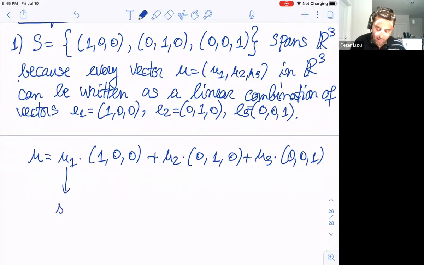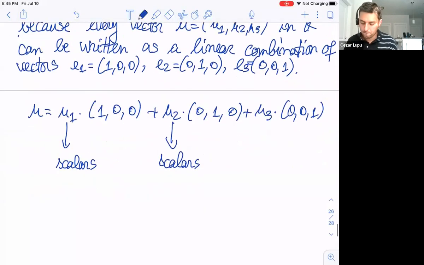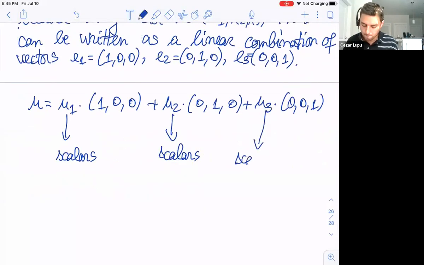So these guys are scalars. And there you go. So any vector, and you can go even in R4, R5, and even in Rn, you can do this. We will call this the standard basis, we'll get there, for the vector space Rn, for example.